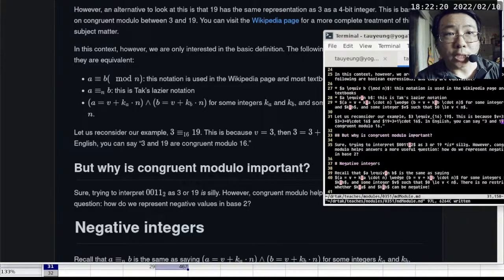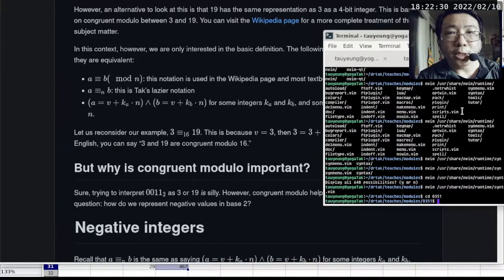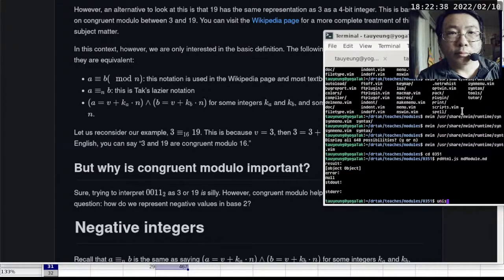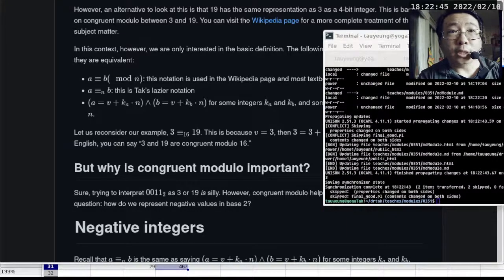Change it to a 9, and then we have to re-upload this module. This is 0351, I think. So PD HTML. And then refresh the power server.